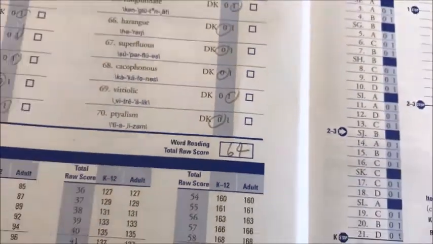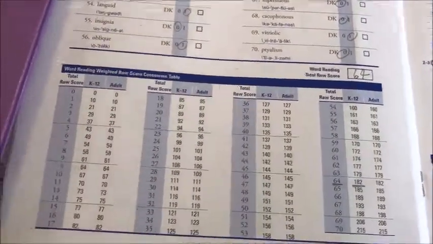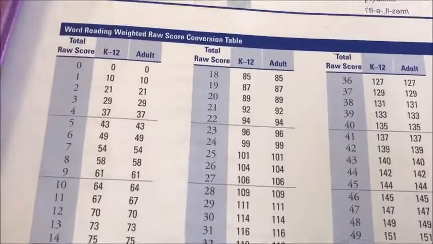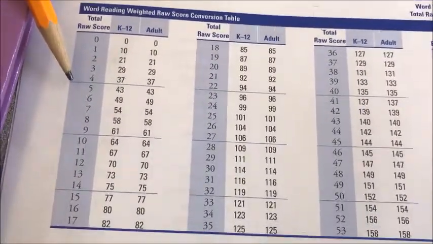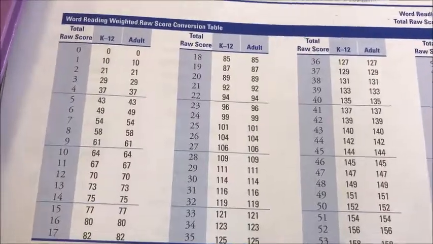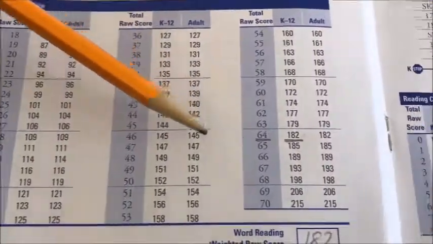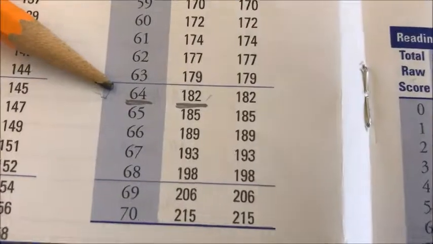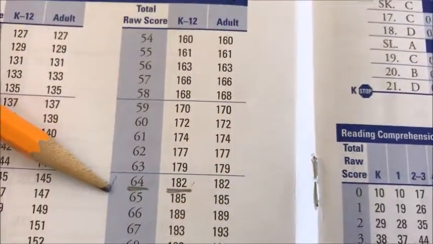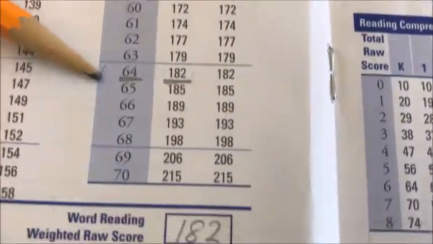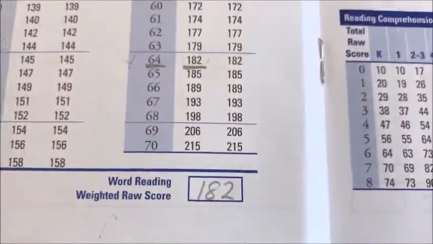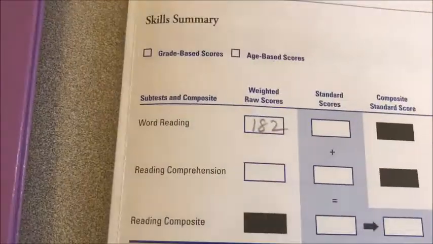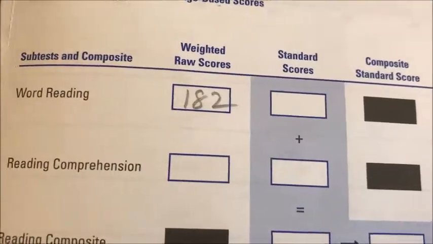Now we're going to convert that 64 into weighted raw scores, which is going to help us determine her word reading grade level. So we find 64 on here, and you'll see that the corresponding number for K to 12 is 182. We write 182 right there, and then we write that here on the front, right next to word reading.